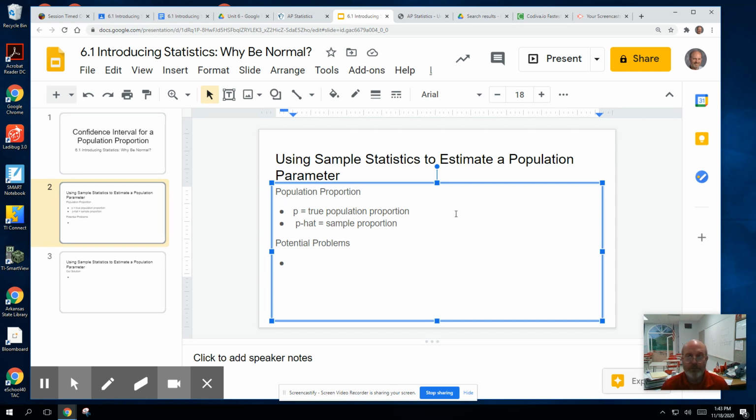If we take a sample of size 60 or size 50, and our sample size is going to be the little letter n, we're going to use the sampling distribution for sample size n and the distribution of the p hats to draw conclusions and inferences about our assumptions, or what we've been told, or claims about a true population proportion. Potential problems are we could get a bad point estimate, a p hat that's not equal to p.